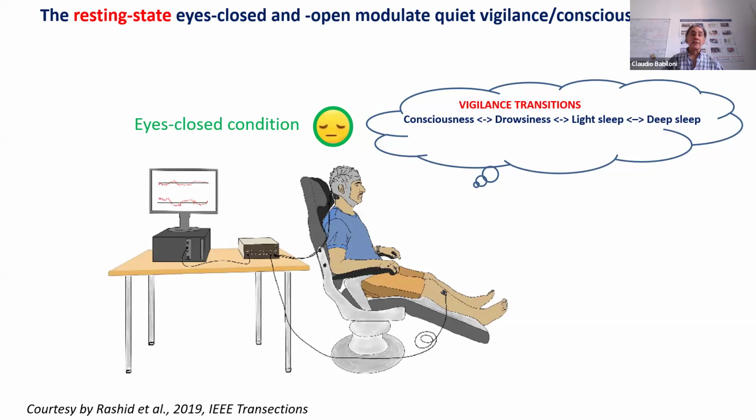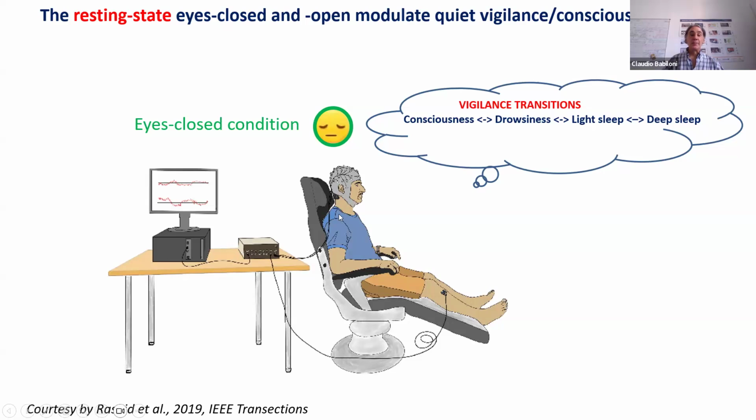Hans Berger recorded EEG activity in the resting state, eyes closed and eyes open conditions, and also during some cognitive tasks. The resting state, eyes closed and eyes open conditions are the most popular procedure to record electroencephalographic activity in a clinical environment.